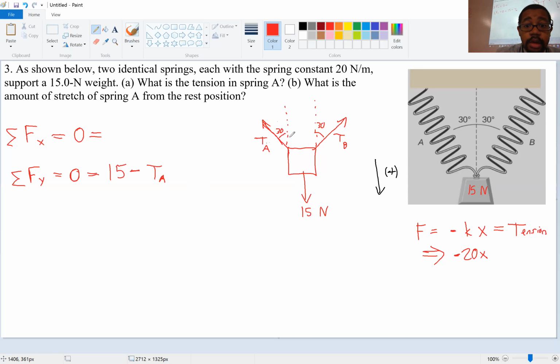Because we have hypotenuse, this is opposite, that's adjacent. Cosine 30. And then TB cosine. And as it happens, this is actually going to look similar. But if this stretches a little bit more, then all you do is plug in this new angle here.